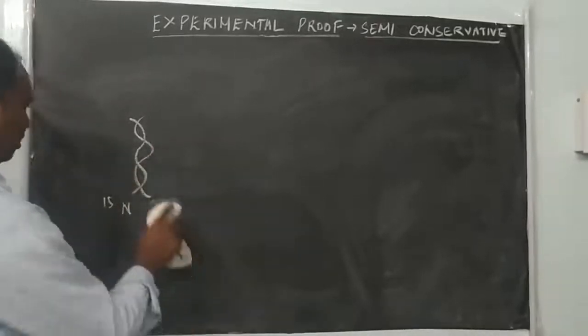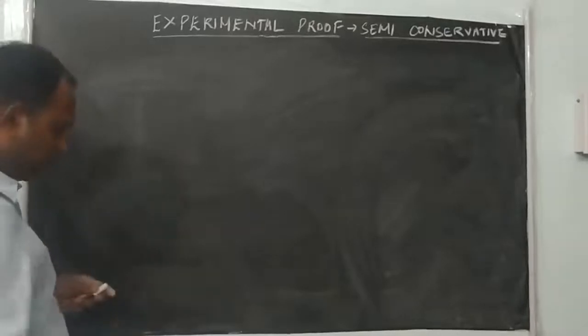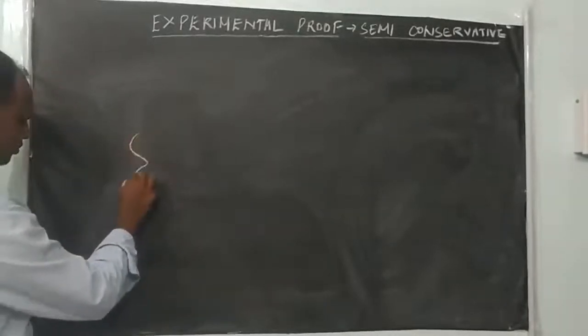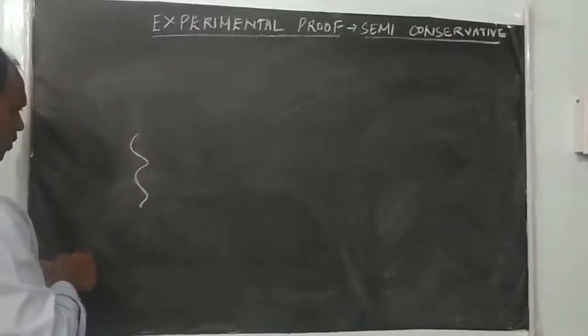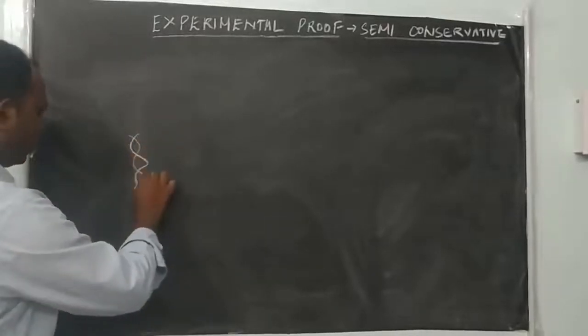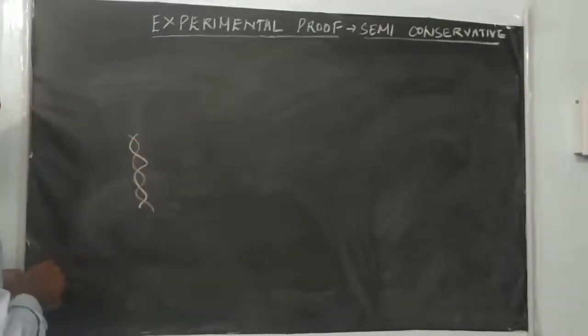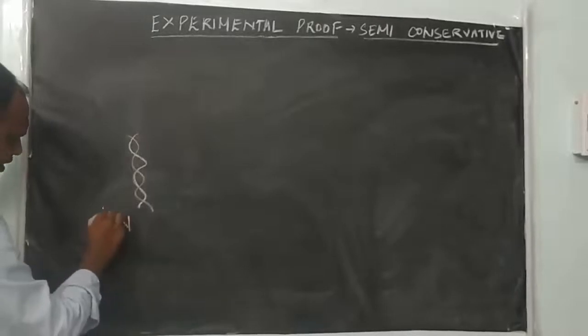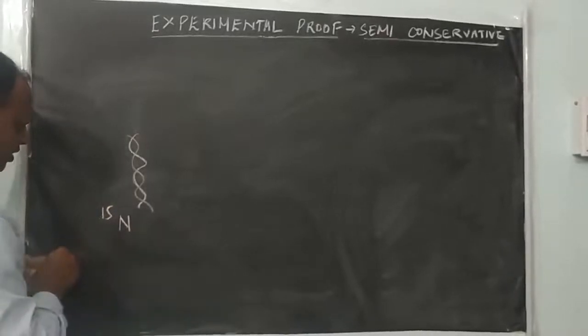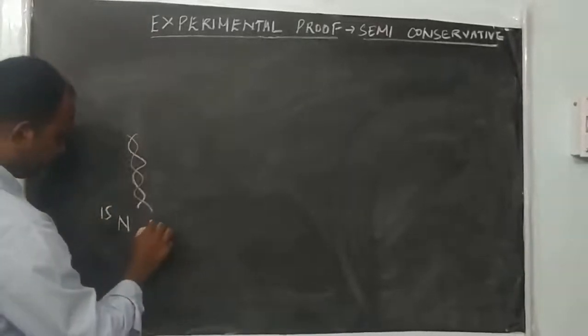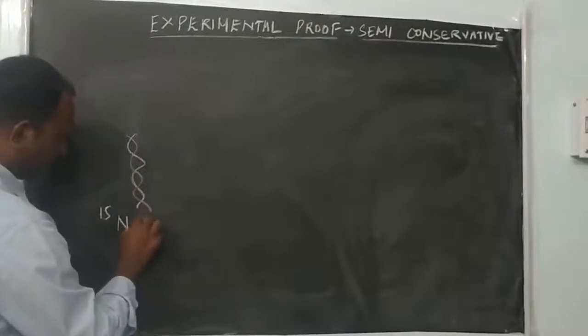So now, out of two strands, one strand is N14 and another strand is N15, right? This one is N15 and this one is N14. I'll read the question one more time.